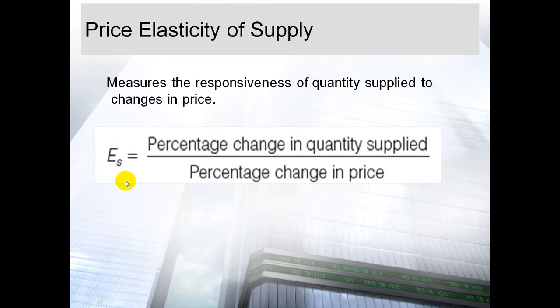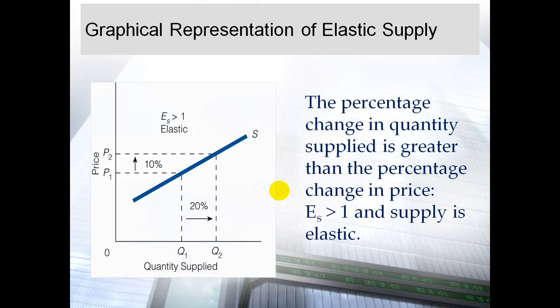Or if the final answer is less than 1, for example 0.5, it is inelastic supply, and that means the percentage change in quantity supplied is less than the percentage change in price. This is elastic supply. Why? Because the percentage change in quantity supplied is more than the percentage change in price. The response is bigger than the change in price.